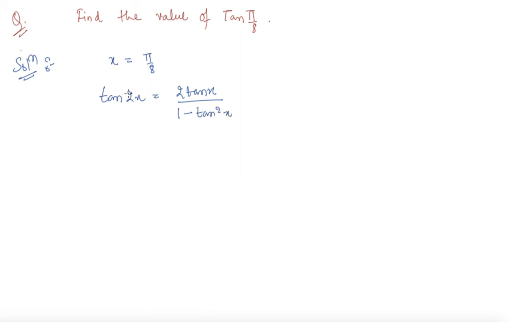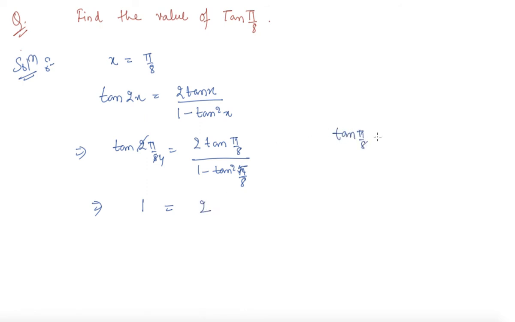So tan 2 times pi by 8 is 2 tan pi by 8 upon 1 minus tan square pi by 8, and 2 pi by 8 is pi by 4, so tan is 1. Can I assume tan pi by 8 as x? So it is 2x upon 1 minus x square.